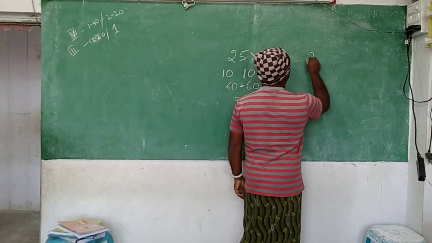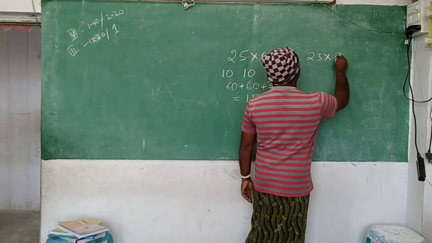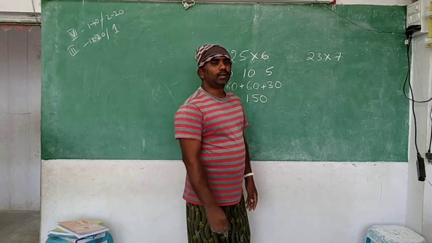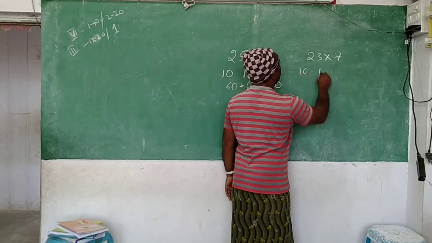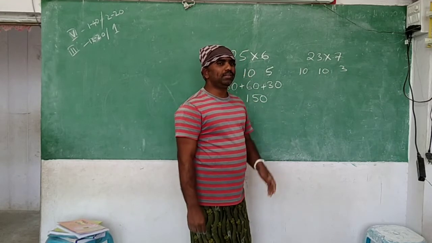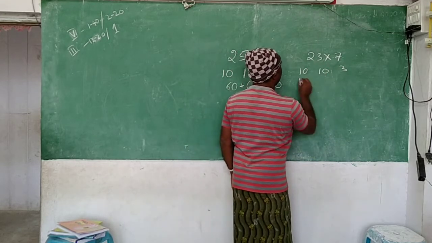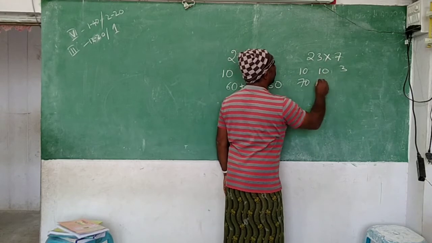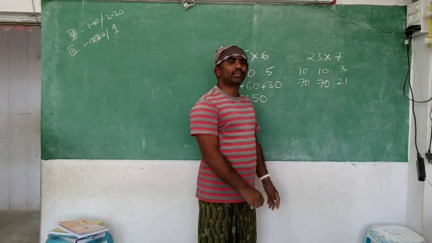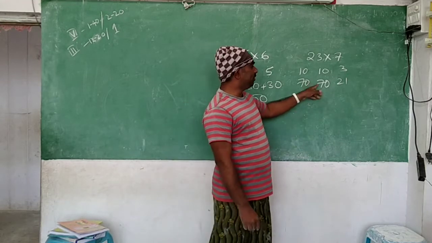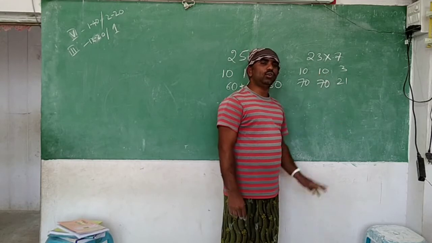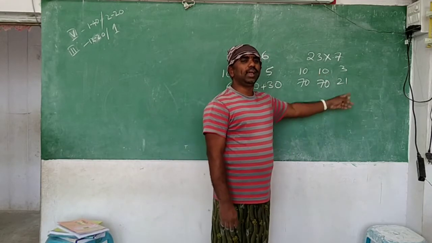Okay, you see this, 23 into 7. Very good. 10, 10, 3. Then you will multiply with 7. 10 sevens are 70. 10 sevens are 70. 3 sevens are 21. 70 and 70 is 140. 140 and 20 is 160, and 1.